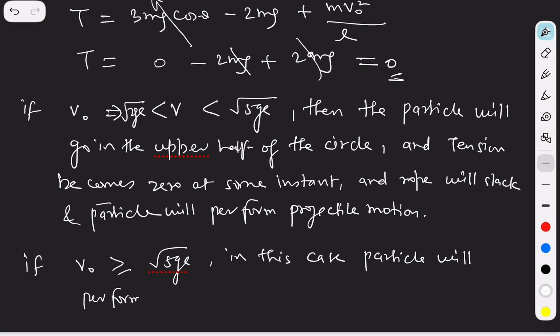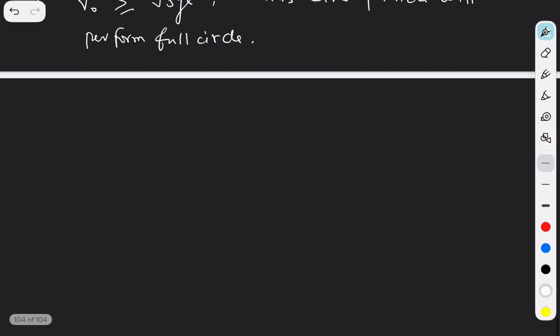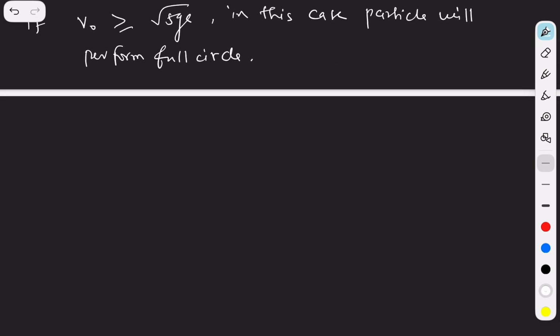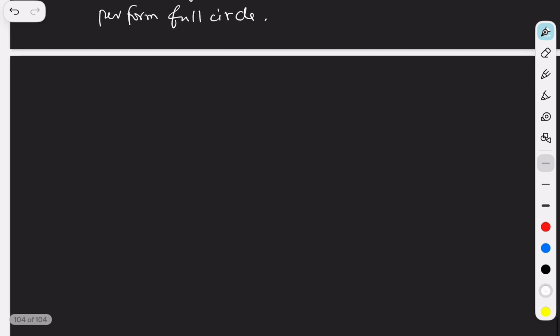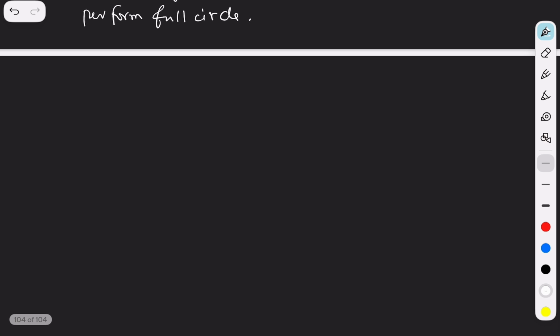So these are the three possibilities that we could have, and we have seen all these three in detail. Now coming to some other kind of problem types, like instead of the string, scenario 2.